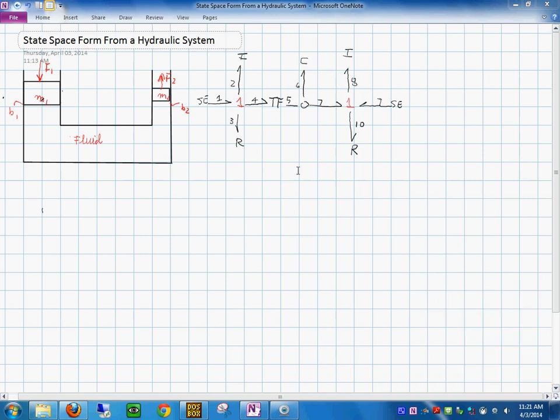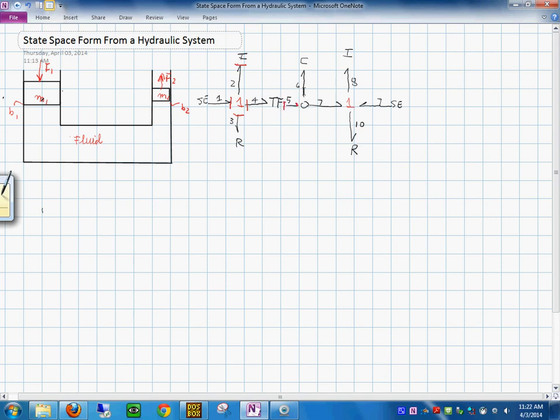Okay. So the first thing that I would like to do is to complete the causal marks so that we can actually get the equations correctly. So we put the SC in this way, this one in integral form makes this to be like this. Once that happens, this is like this.